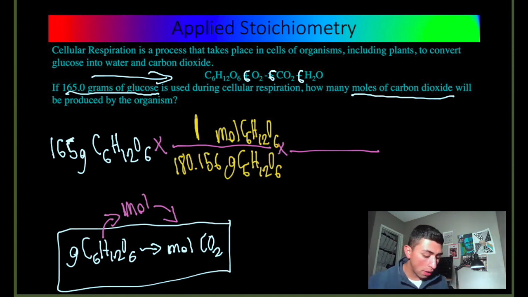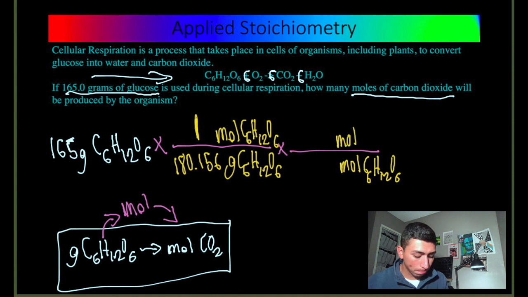And this now allows us to do a conversion from moles of C6H12O6 to moles of CO2, right? Because for every 1 mole of glucose, we essentially have 6 moles of CO2.